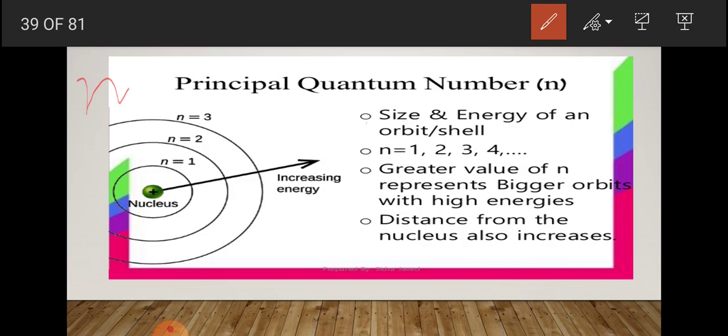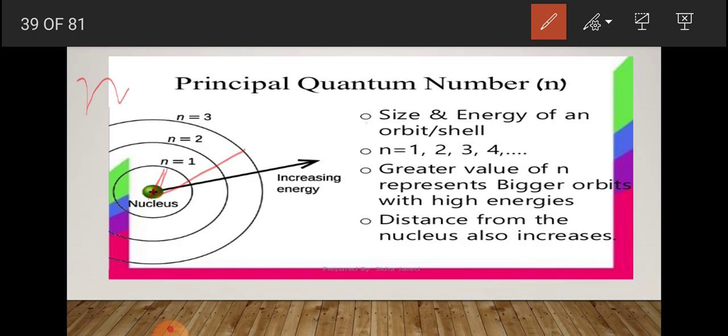Here, as you can see, as the value of n increases, n is equal to 1, n is equal to 2, n is equal to 3 is given. n is equal to 1 will have lesser energy, n is equal to 3 will have more energy. n is equal to 1 will have less atomic radius, and n is equal to 3 will have more atomic radius.